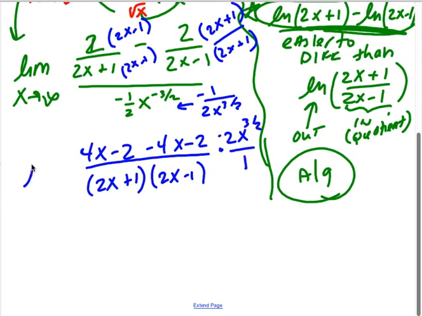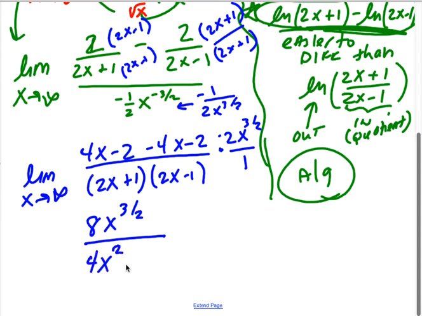So looks to me like I get the limit as x approaches infinity of the 4x and the 4x are gone. This just comes out to be a negative 4. So I seem to get an 8x to the 3/2 on the top, right? And on the bottom, when I FOIL this out, I get a 4x squared minus 1. So now, as disgusting as this thing started out, this is actually way friendlier.